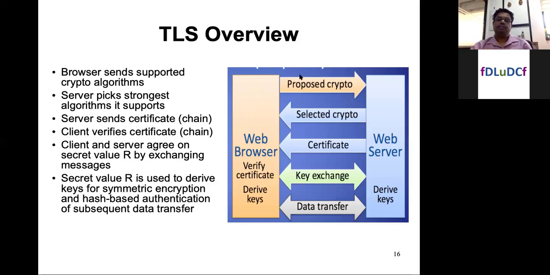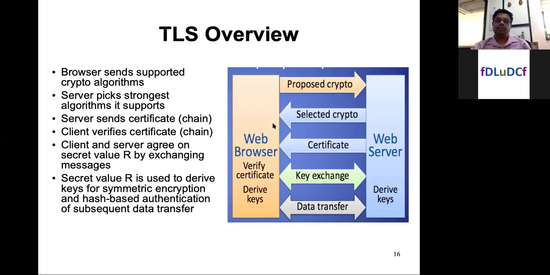The browser proposes to the web server: let's use these cryptographic algorithms to encrypt the communication. When the web server receives the TLS hello, it checks its configuration, and if it agrees with the algorithms the browser proposed, the web server replies, okay, I would like to use this algorithm for the communication.